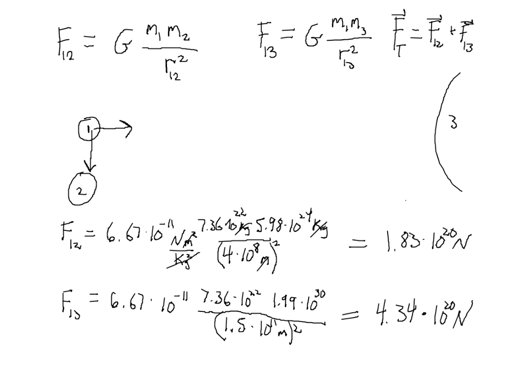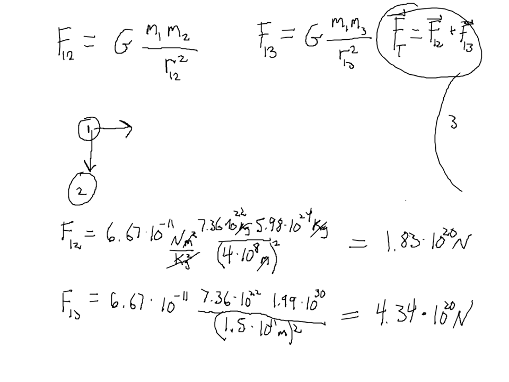Okay, now I need to add these two forces as vectors. So you can't simply take 1.83 and add it to 4.34 and be done with it, because that would be adding them as scalars. You could only do that if they were pointing in the same direction, and they are not. So instead, we must add them as vectors. What you need to do is find the x and y components of each of those forces and add them as vectors.